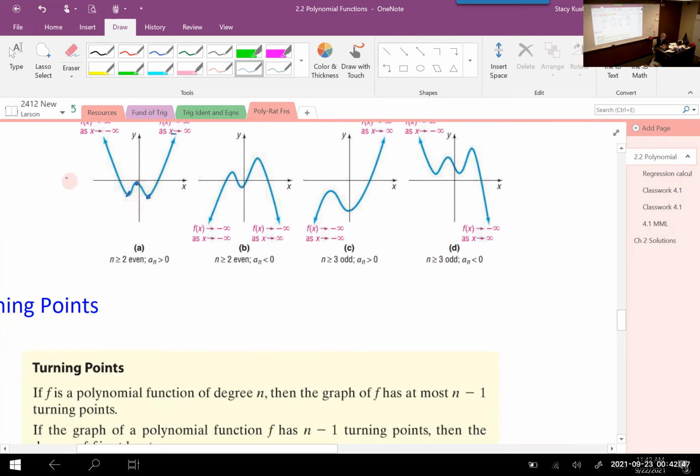So one option is that this is a 4th degree polynomial, because it has at most n minus 1 turning points. Okay, I went backwards on that. But if you have 3 turning points, then you're going to have a 4th degree polynomial.